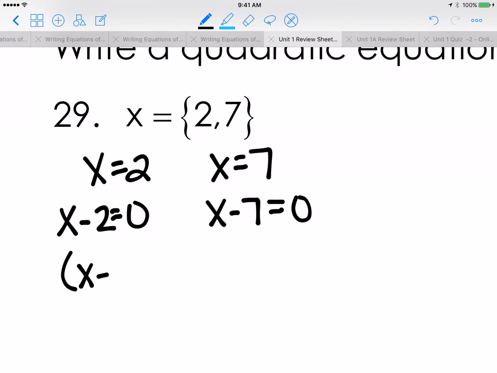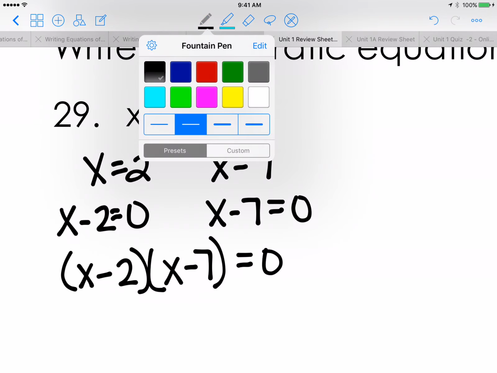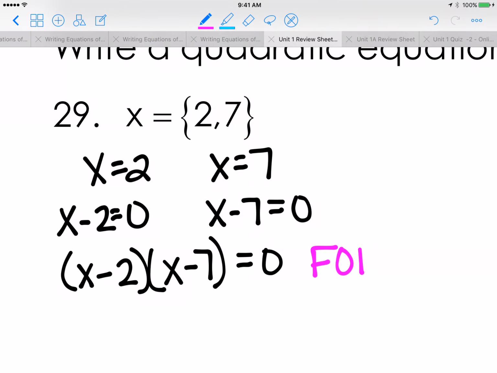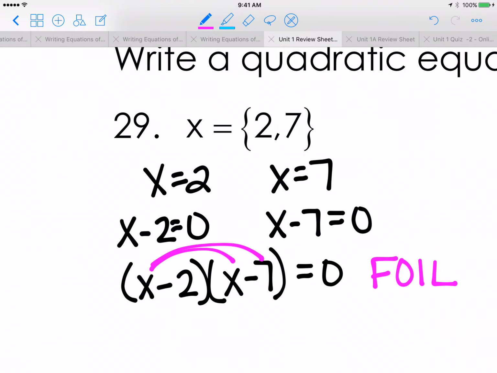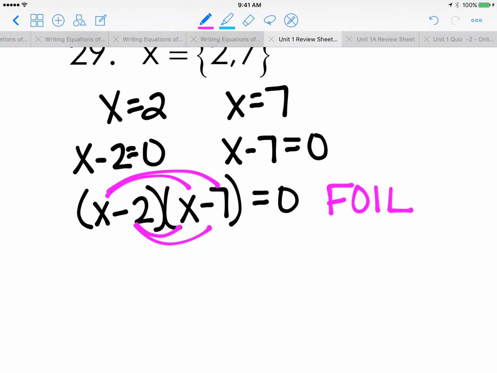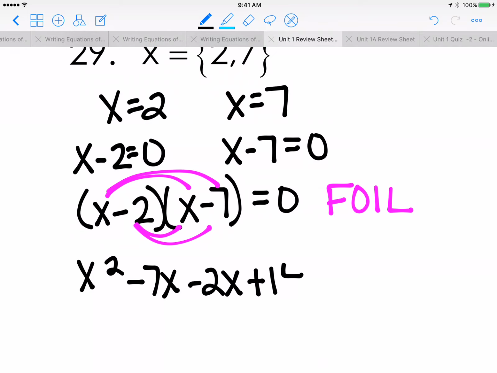So you can have x minus 2 times x minus 7 equals 0. And now we FOIL. So we get x squared minus 7x minus 2x plus 14 equals 0.